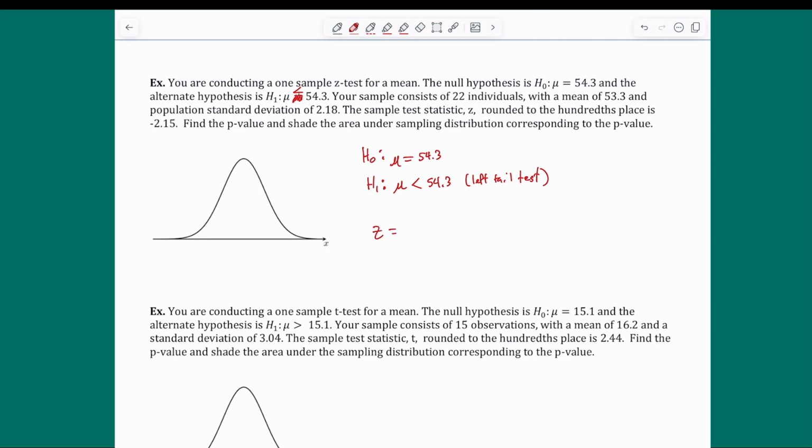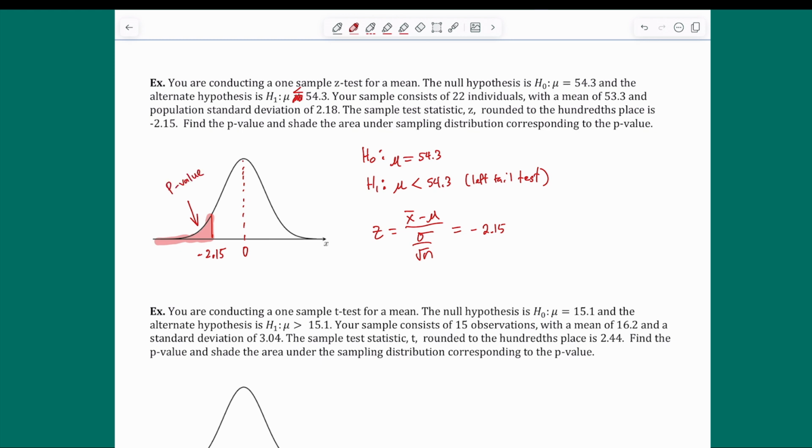We could compute it using the formula x bar minus mu divided by sigma divided by the square root of n, but they told us it's equal to negative 2.15. We're using a z-test because it's the standard normal distribution, and under that peak it's 0, and negative 2.15 is about right there, and the p-value would be to the left there. That's the p-value we're interested in.